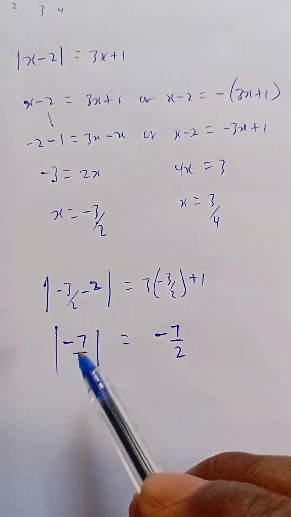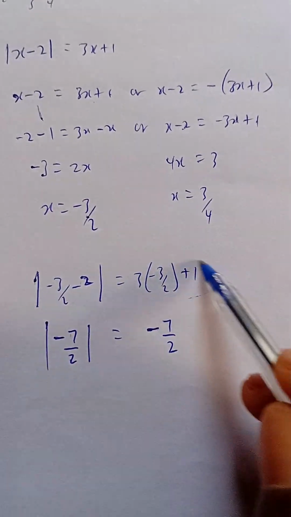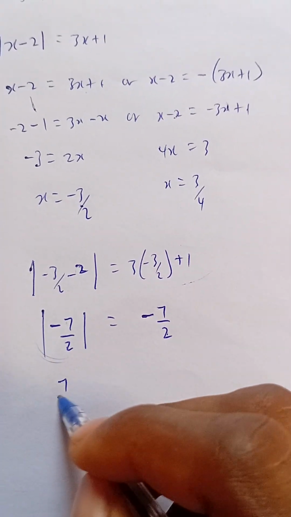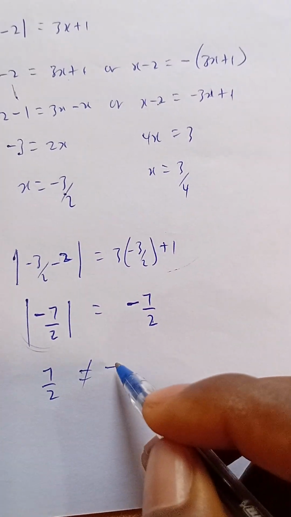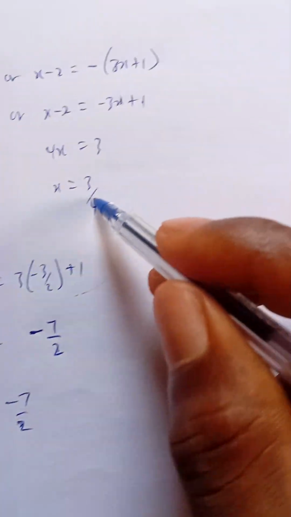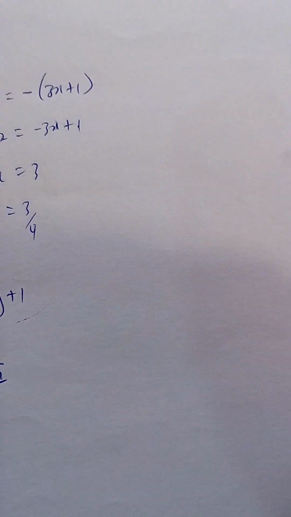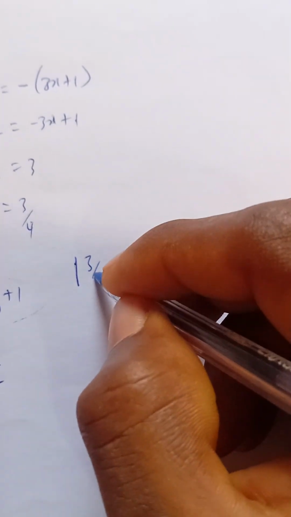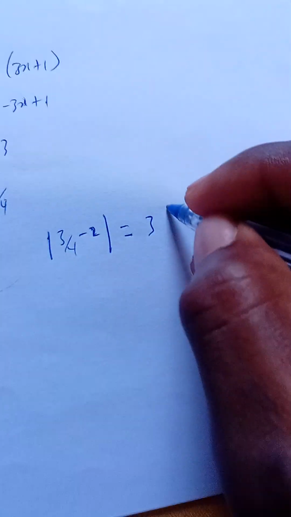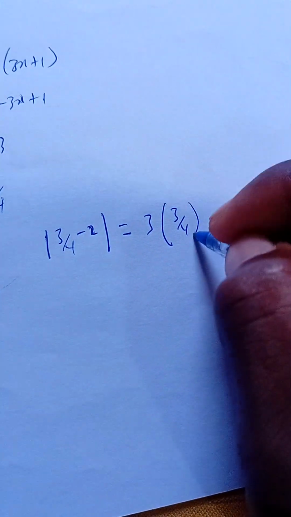Everything here gave me -7/2. Everything here also gave me -7/2. But absolute value of this should give us a positive. And this is definitely not equal to this. So we can't accept this solution. Now let's verify this one too. We have absolute value of 3/4 minus 2. Let's equate it to 3 times 3/4 plus 1.